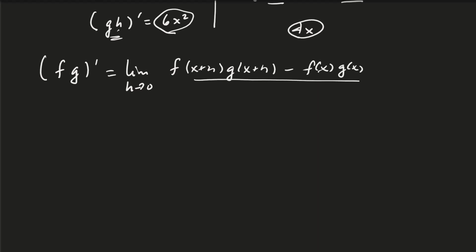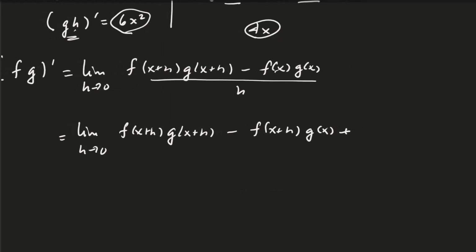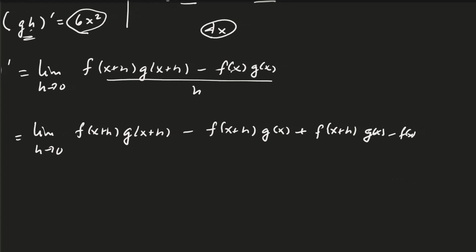And in order to get the formula, we just add and subtract a special term in the numerator. And that term is f of x plus h times g of x. I'm just adding and subtracting the same term here, so nothing going on there. All divided by h. Good.